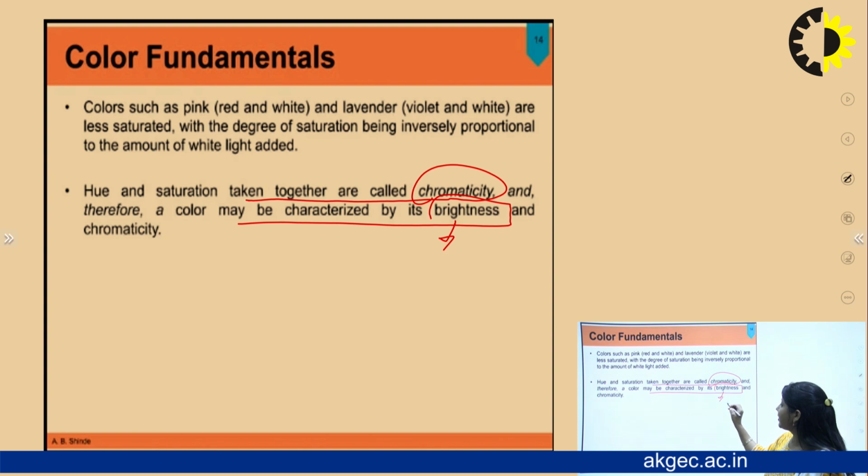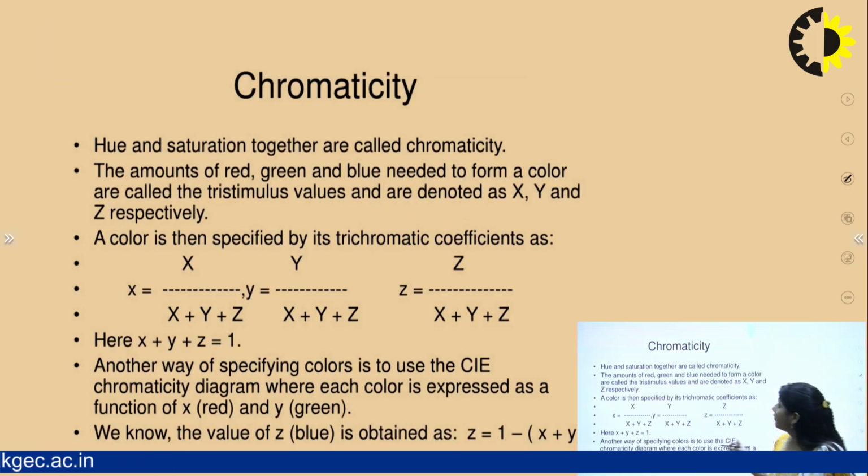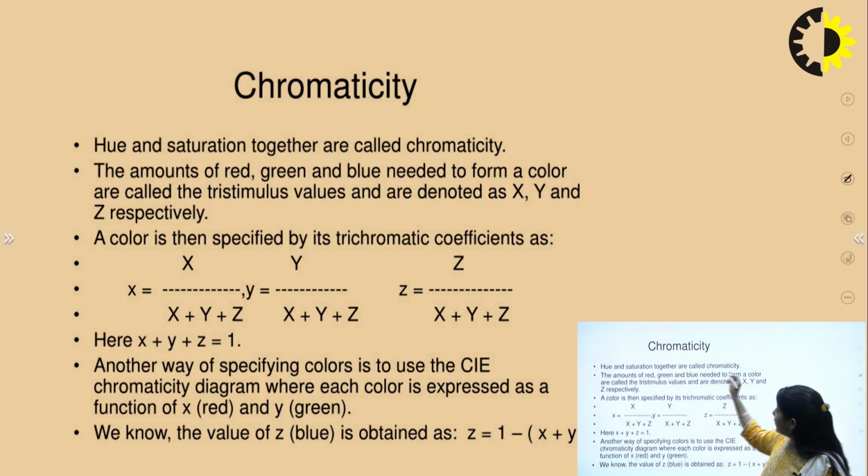So brightness means the intensity value of pixel, and chromaticity means what is the hue and saturation of that color, meaning actual purity of the color.